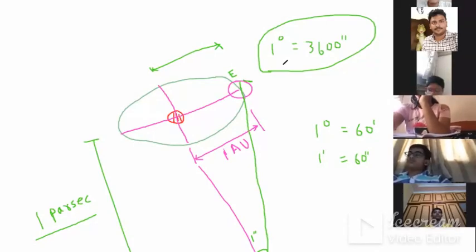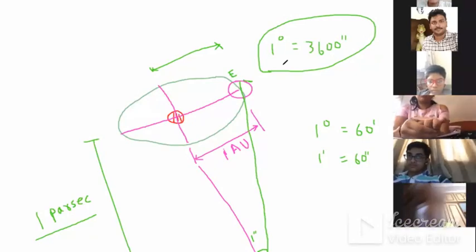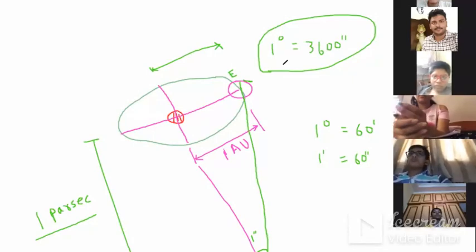We just have to understand the concept of how the parsec is formed. How can we get error? Error means you are measuring the same thing, you are getting one value and your friend is getting a different value. The same experiment done by two different people will have different observations.